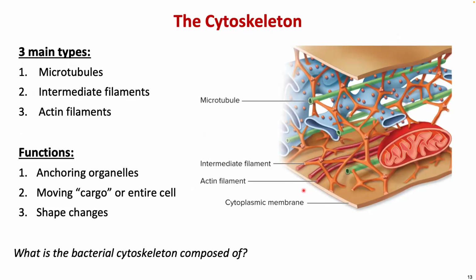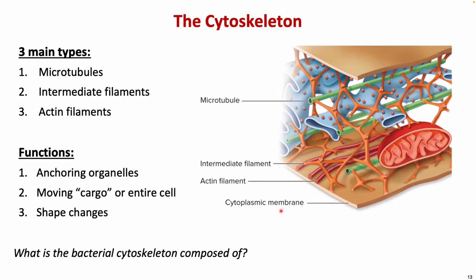Now we move to the cytoskeleton. There are three main types of cytoskeleton: microtubules, intermediate filaments, and actin filaments. Clearly you can see microtubules up here, then we have intermediate filaments and actin filaments, and they are all right within the cytoplasmic membrane.